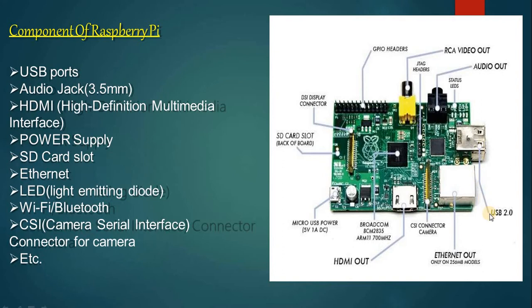So this is the USB port, then audio jack with 3.5 mm, HDMI high definition multimedia interface, power supply, then next is SD card slot, Ethernet, LED light emitting diode, Wi-Fi and Bluetooth, CSI camera serial interface, connector for camera, and etc.